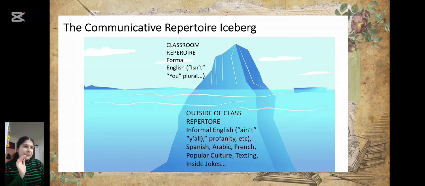So this is an important point, because in the classroom you're a different person, and outside of the classroom you're also a different person. So you should follow this line and not step out of this line.